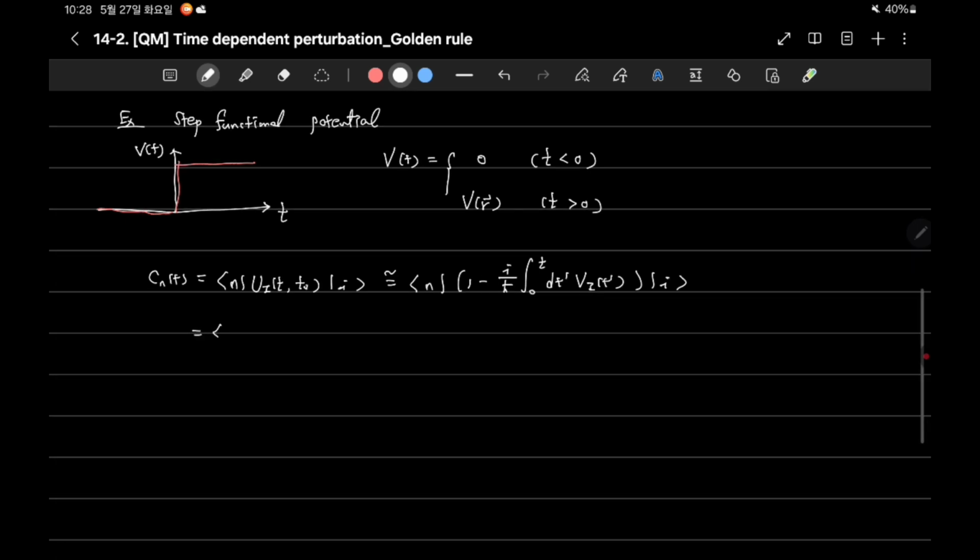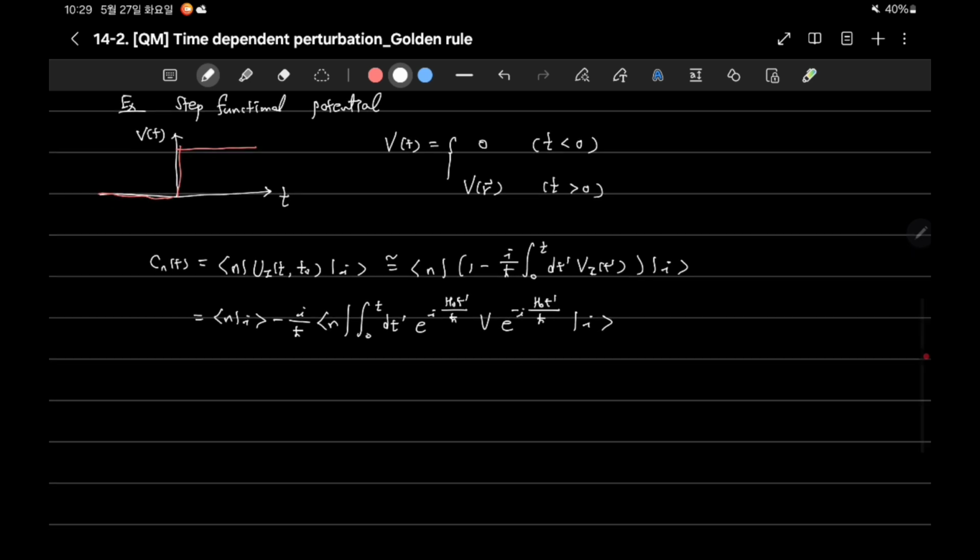Then this one is <n|I> minus i over h bar <n| integration from 0 to t dt' V_I(t') |I>, which is the exponential of i H0 t' over h bar, V, exponential of minus i H0 t' over h bar, on the I state.